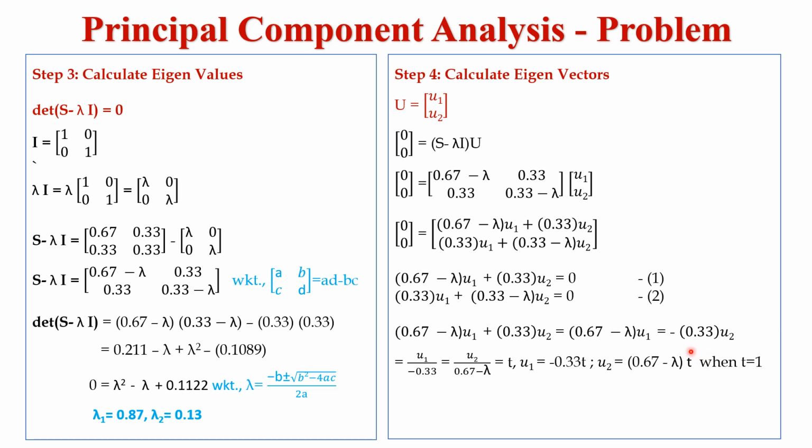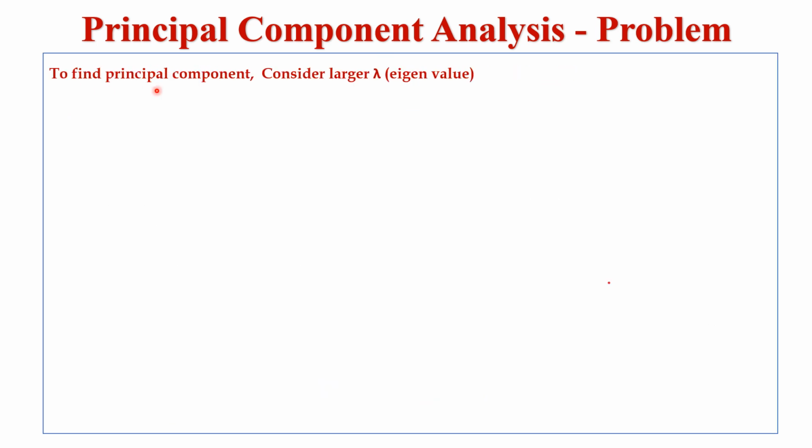By substituting t equal to 1, we can get the values of u1 and u2. The values of u1 and u2 are minus 0.33 and 0.67 minus lambda. To find the principal component, we have to consider the larger lambda value, that is, the larger eigenvalue.